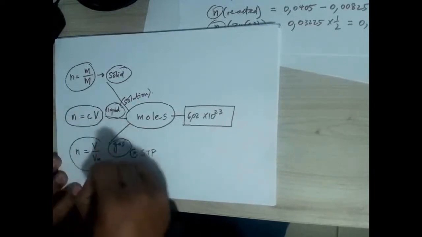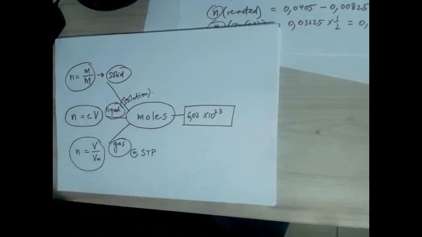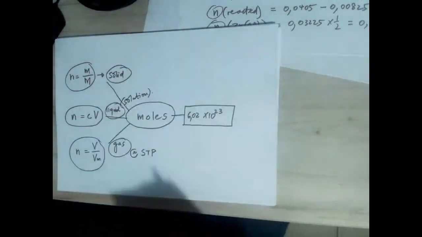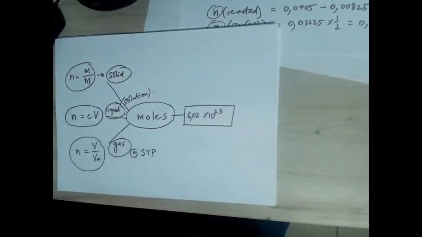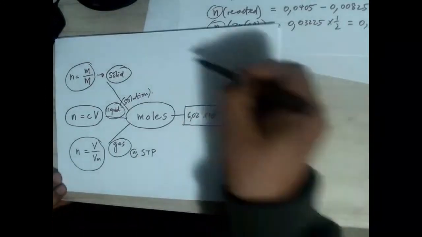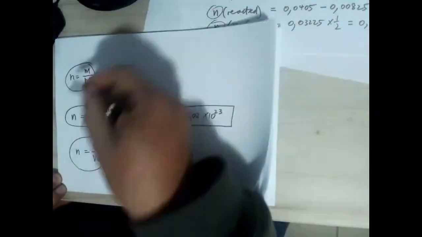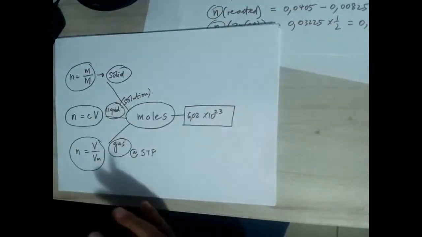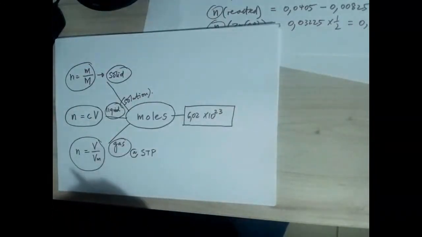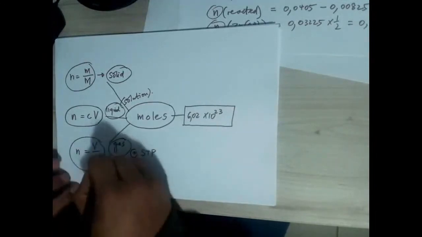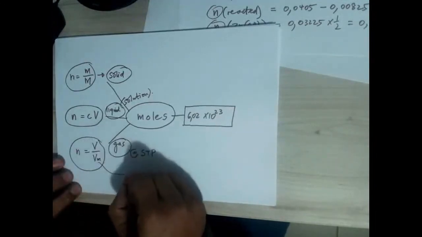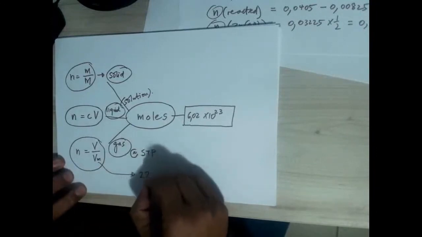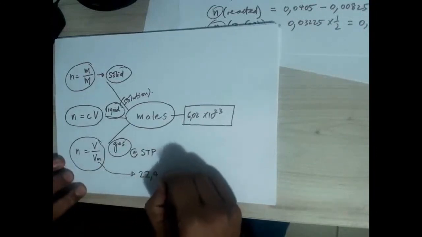So if we were given, they say at STP the following volume of gas was formed, we can find out the moles of that gas that was formed at STP. So it's a good idea for you to write down this diagram, and it will guide you throughout. So what have we learned? Are you going to give them the molar volume so that remind them of it? Okay, so at STP the molar volume is 22,4 decimeters cubed.